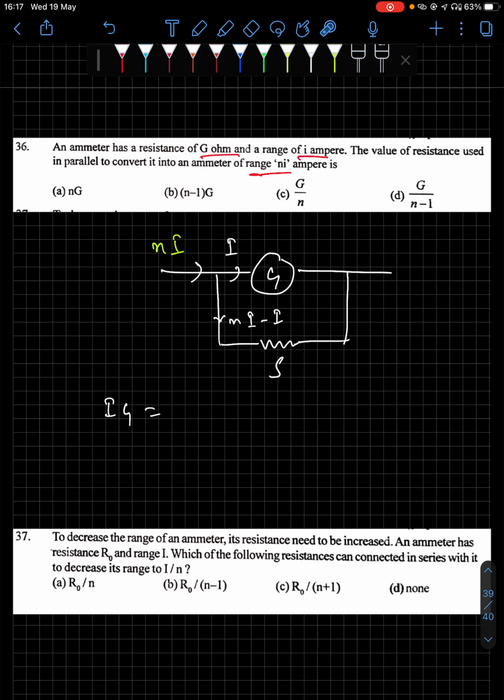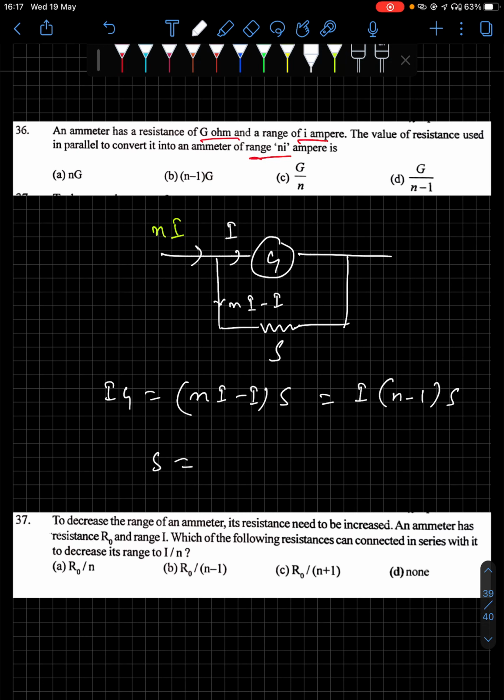Now when you have converted it, this voltage and this voltage will be the same. Therefore you can write Ig equals (NI minus I) into S, or you can write this as I common, (N minus 1) into S. So I cancels, and S is G by (N minus 1). So that is your answer. So here option number D is the answer.